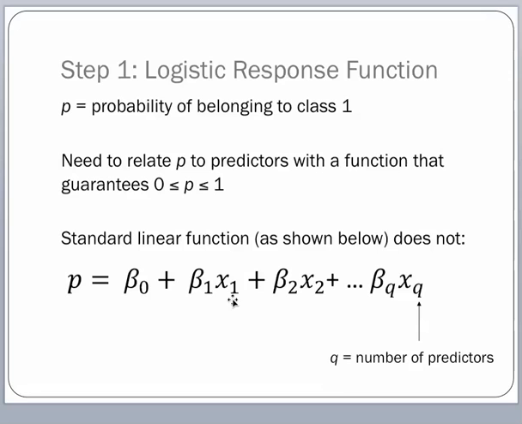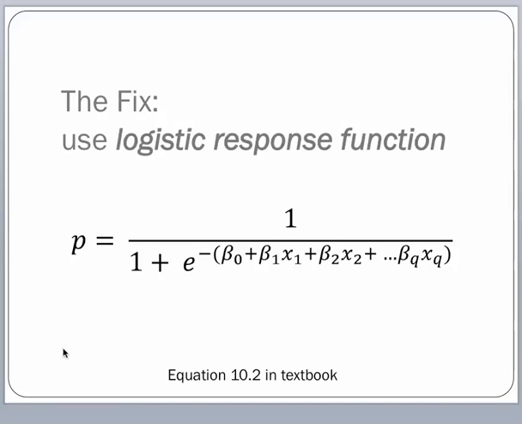If x1 becomes very large, p will also become very large, and we don't want that because we want a probability that stays nicely in between the values of 0 and 1. So we need to make a fix. And the fix is this.